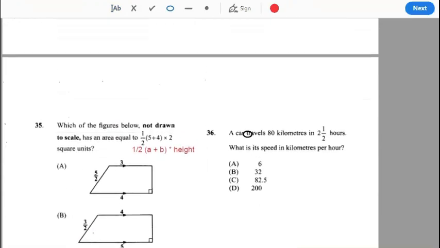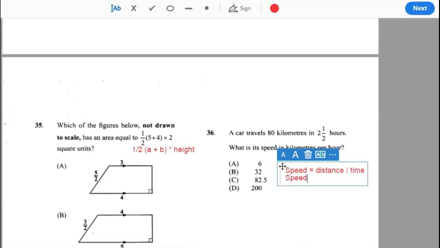A car travels 80 kilometers in 2.5 hours. What is the speed in kilometers per hour? So we're trying to find speed. Formula: speed is equal to distance divided by time.